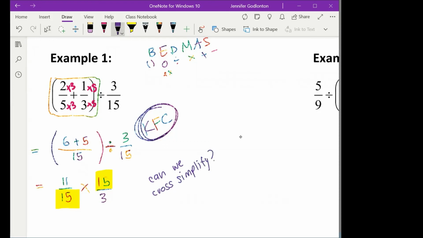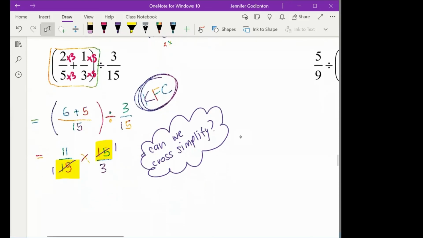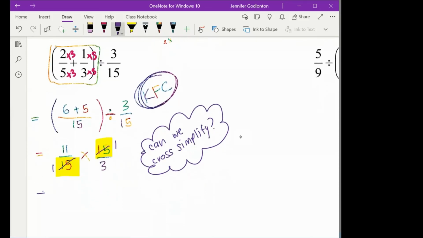If we can cross simplify, then we do, because that makes our life a bit easier. In this case, 15 goes into itself once and into itself once. So we have 11 over 1 times 1 over 3, which gives us a total of 11 over 3.